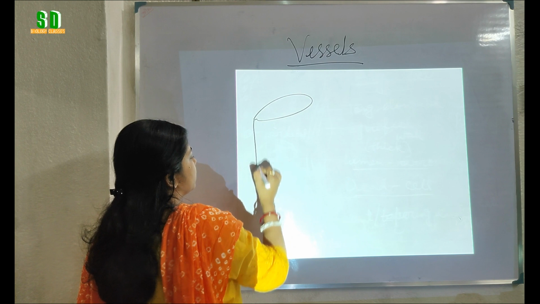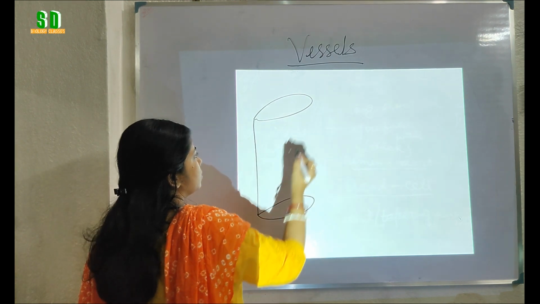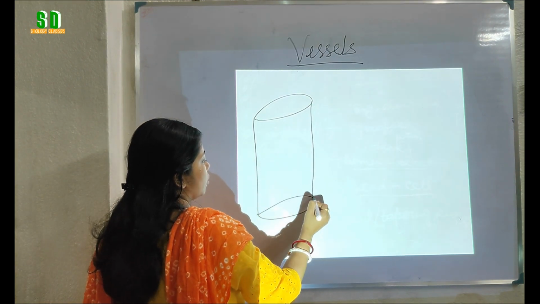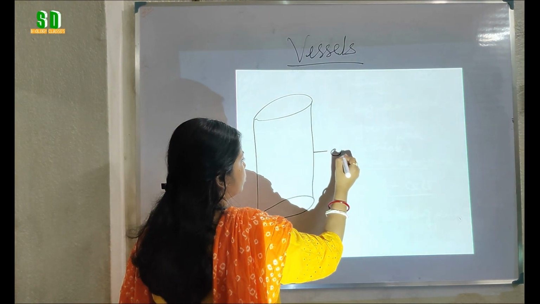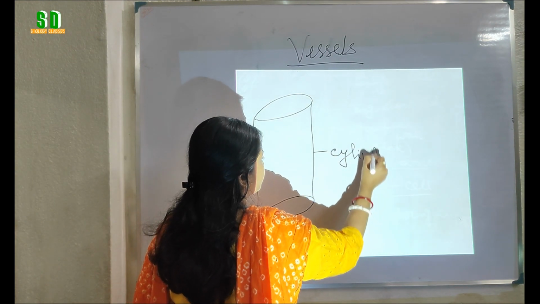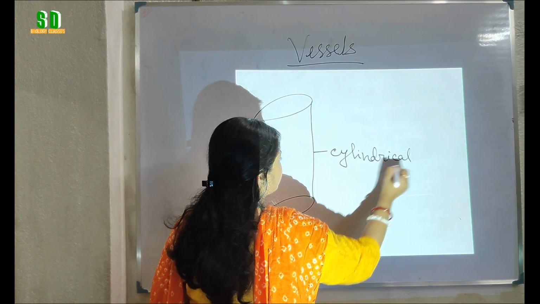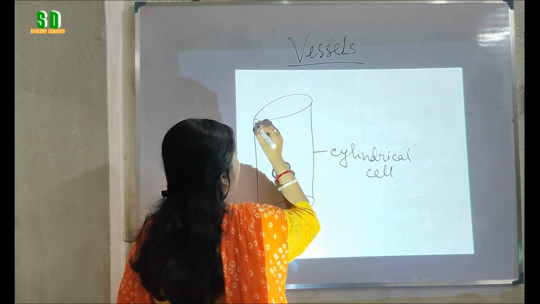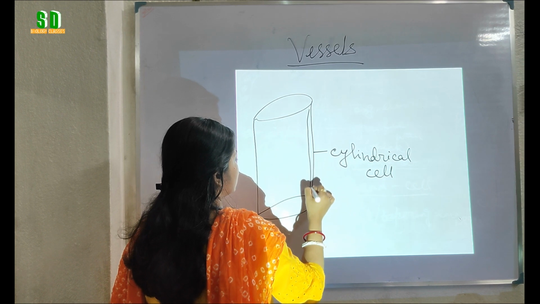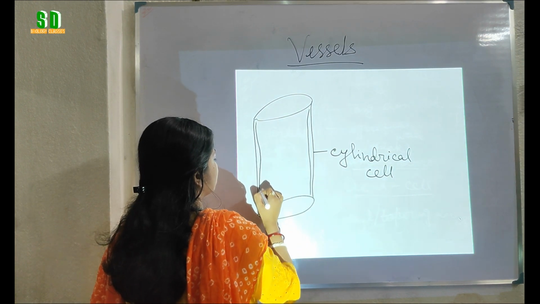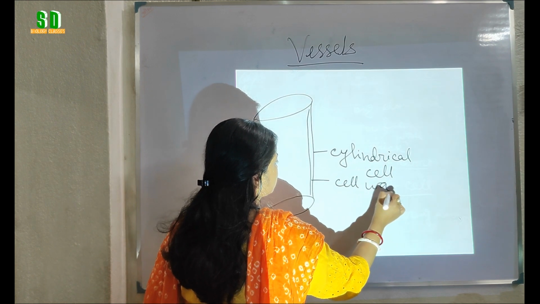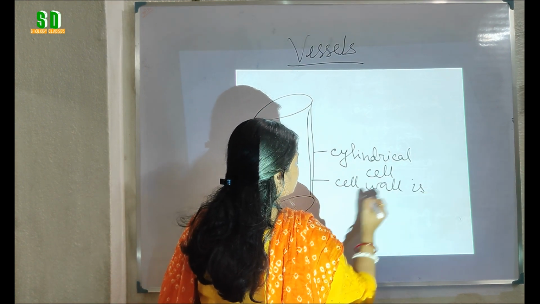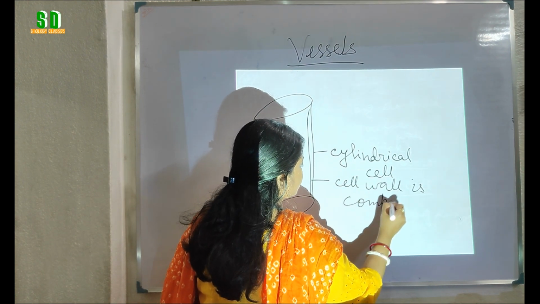Now vessels are long or less long than the tracheid. They are cylindrical structures, cylindrical cells. The cell wall is thinner than the tracheid, so the cell wall is comparatively thinner.